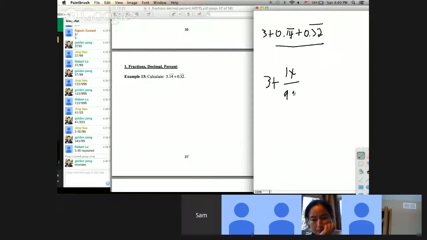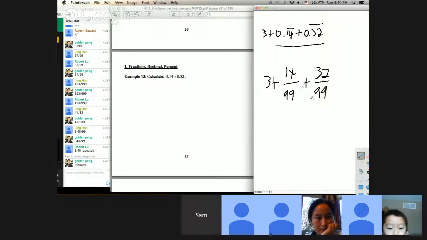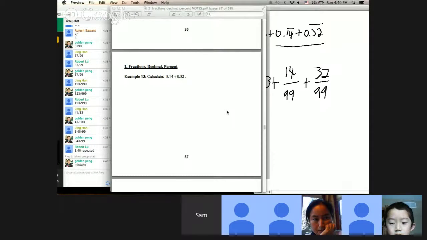And then plus 32 over 99. And then you add these two up, and you get your answer. So 46 over 99, and that's 0.46 repeating, and then 3.46 repeating.